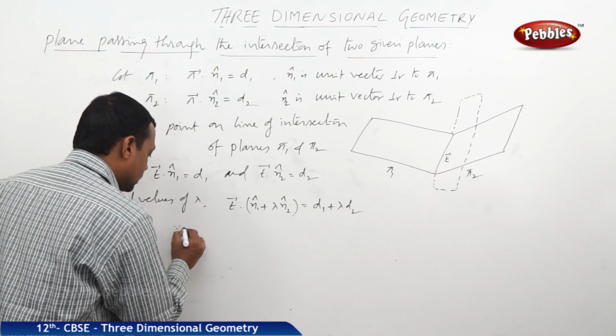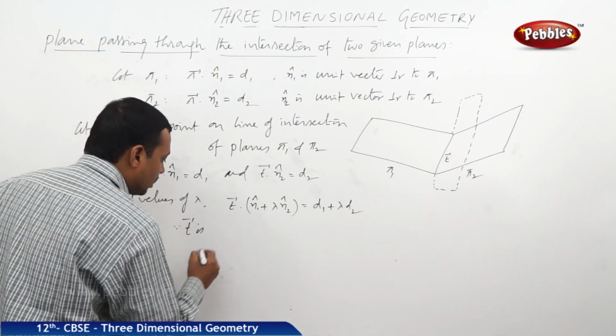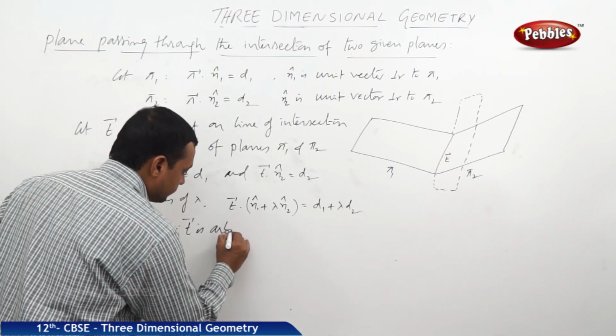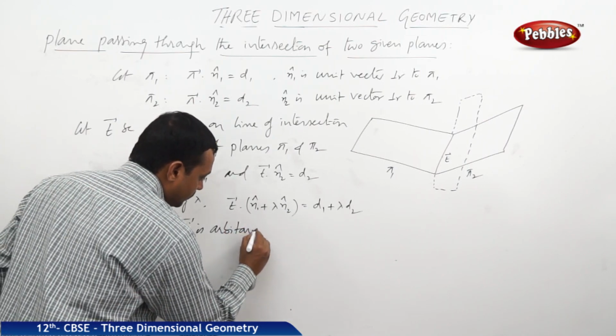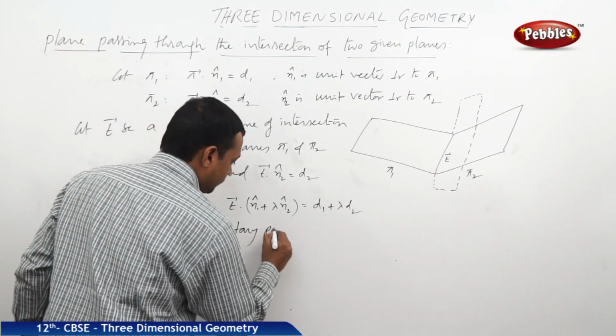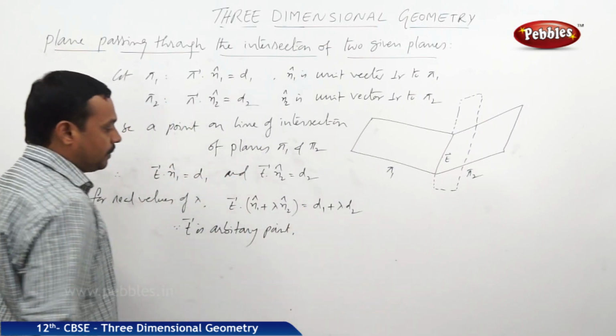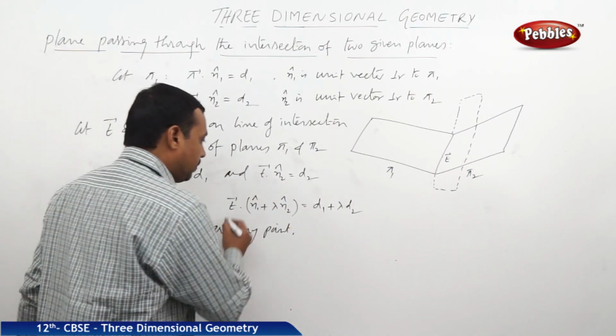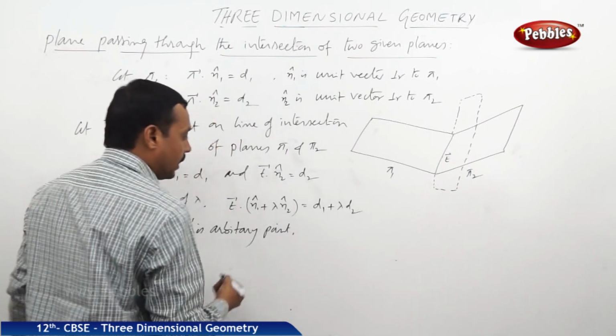But since the t vector is an arbitrary point, it can be replaced by a general point r bar.